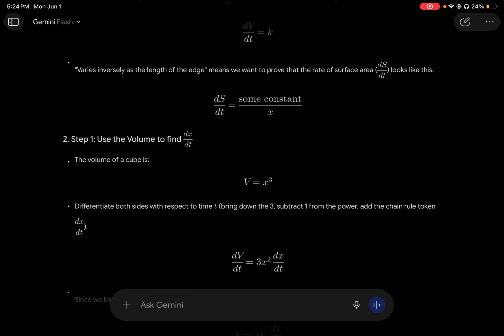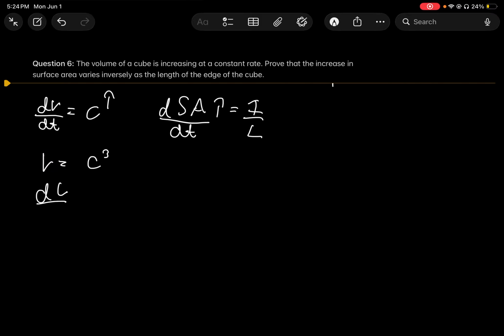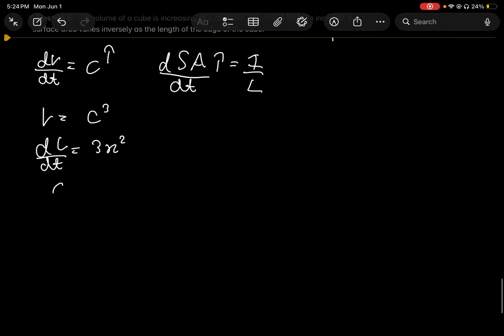Use the volume of a cube. Okay, so volume of a cube is x cubed. So dv by dt is equal to 3x squared, and this is given as constant. So 3c squared should be right.